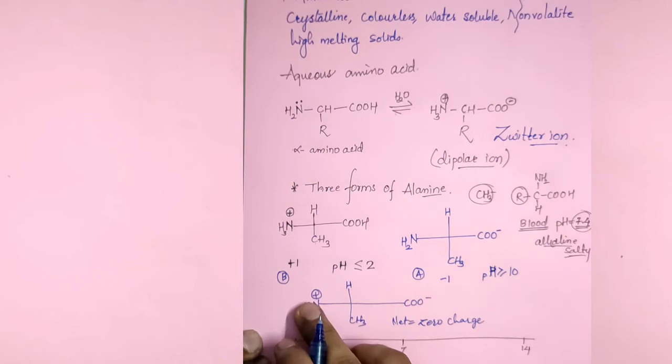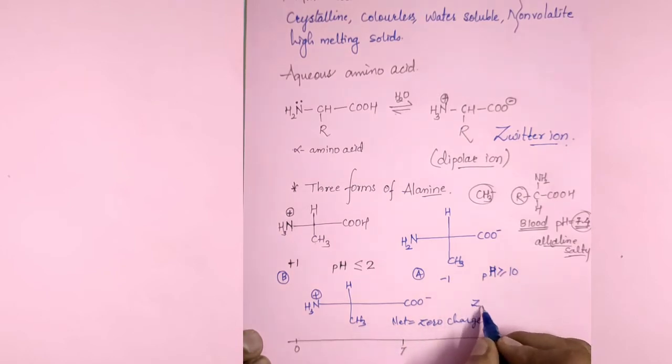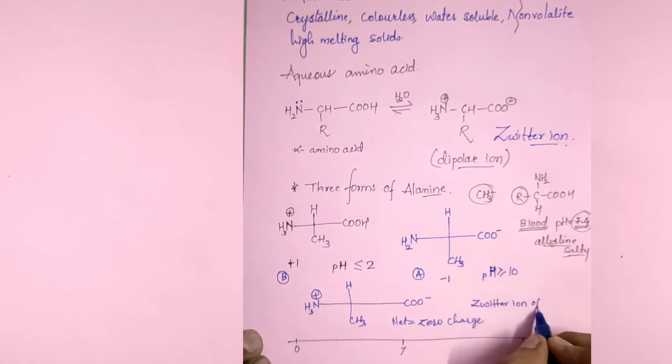Net means +1 and -1 becomes 0. Net charge becomes 0, and this is said to be a Zwitter ion of alanine.